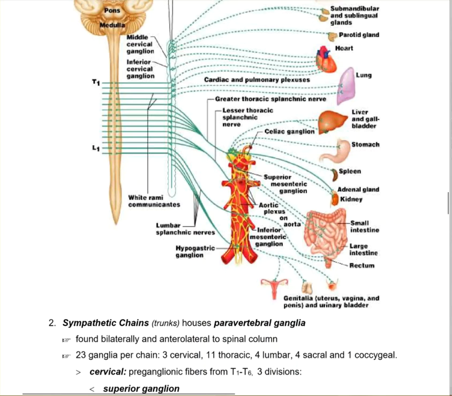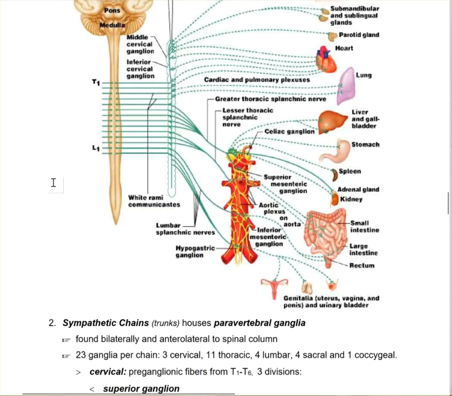So if you think about it, your aorta is right about here going down, and your spinal cord's right in the middle. So those fibers, if they're going to a prevertebral ganglia, are only going maybe 3-4 inches away from the spinal cord before they synapse. So in both cases, we have pretty short preganglionic fibers.